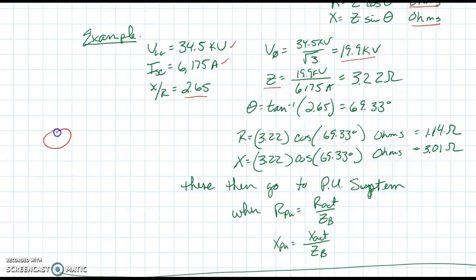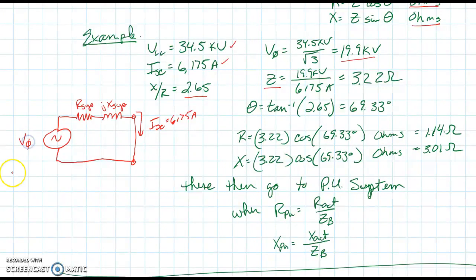I envisioned a single-phase equivalent model where I had R sys and X sys, and this is a j. Then I short circuit it, and the short circuit current that would flow is the 6,175 amps they gave us.